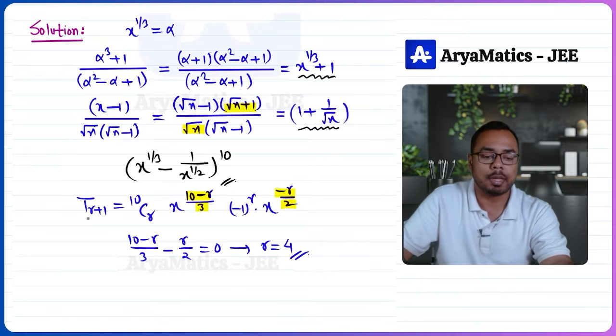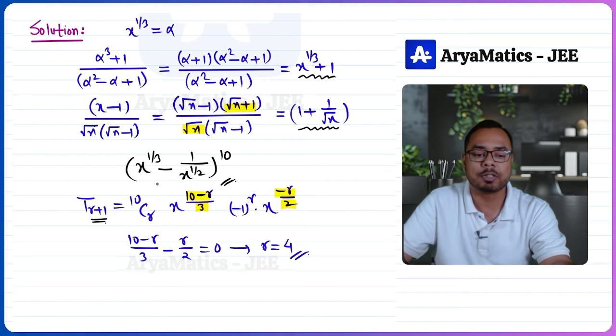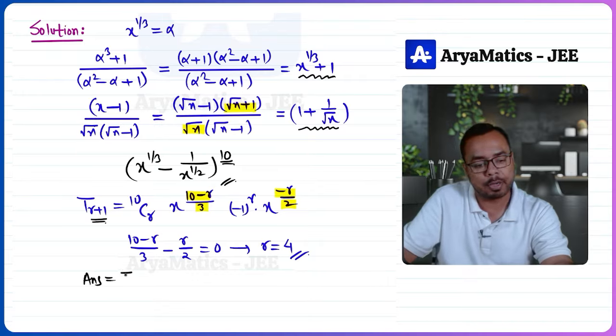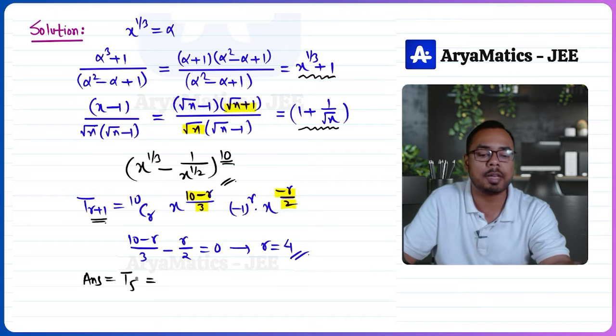So in this expansion, the fifth term will be independent of x. When you expand it using the binomial theorem, you will get a total of 11 terms. And T5, because r is 4, so T(r+1) means T5, will be independent of x. So the constant term in the binomial expansion of this one is nothing but T5.